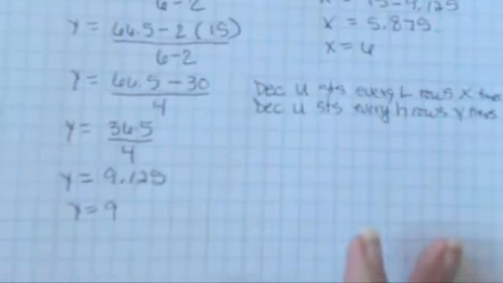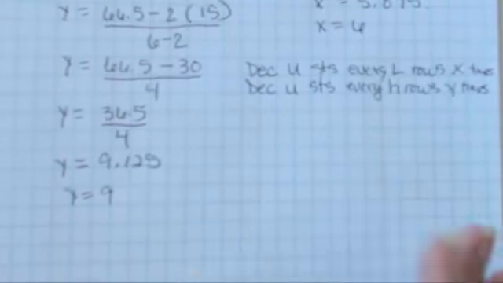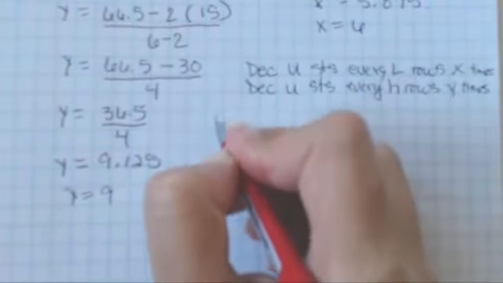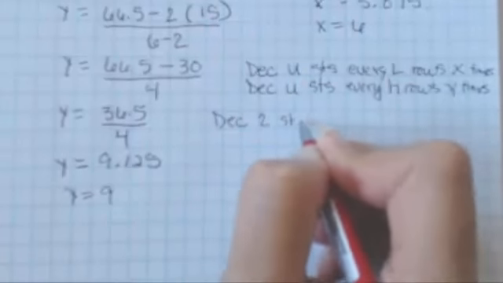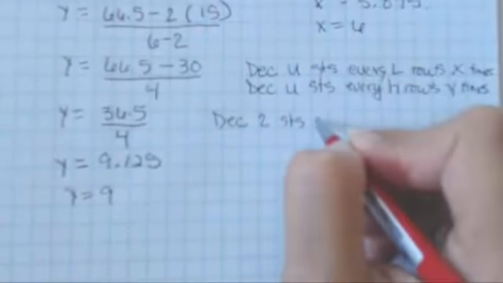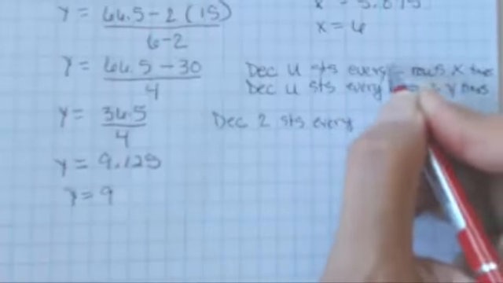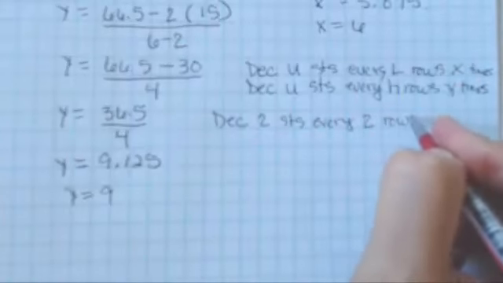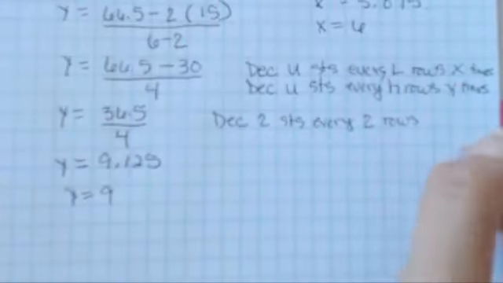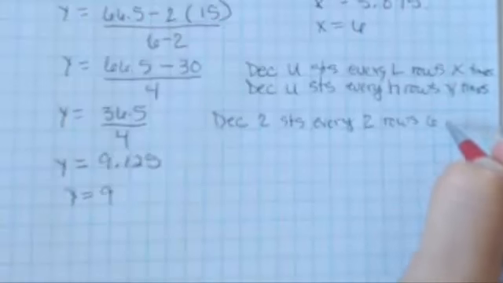So let's just plug our numbers in. We're going to decrease U is 2 stitches every L. Our lower rate is 2. X is 6. 6 times.